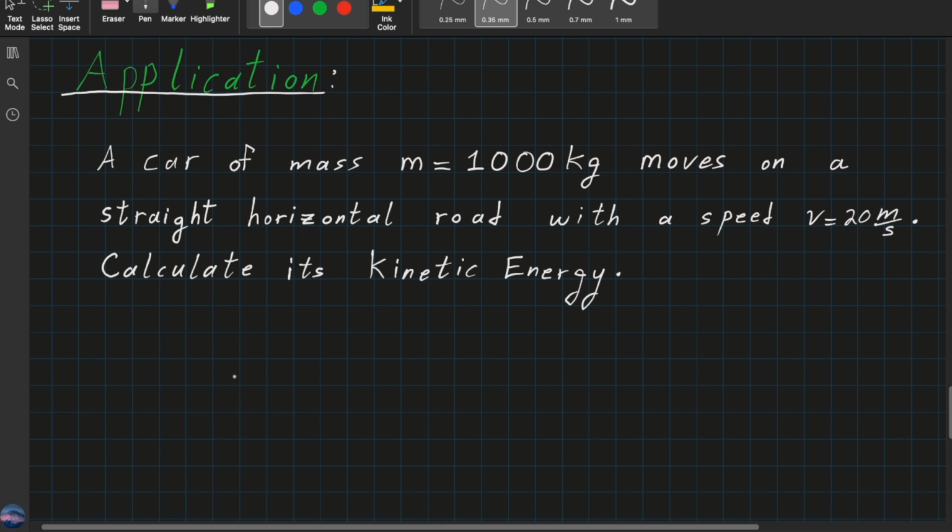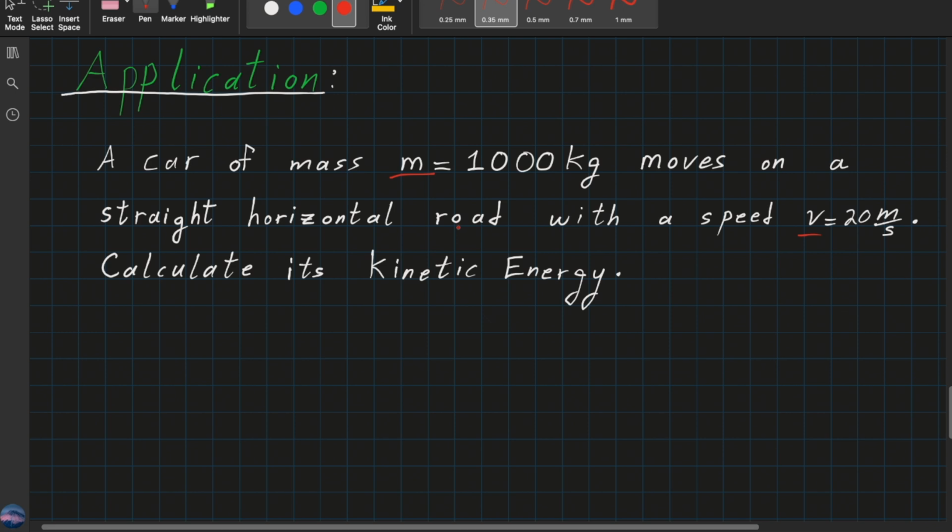Now we're going to solve the following application in order to understand how we compute the kinetic energy of an object. The question goes as follows. We have a car of mass m equals 1,000 kilograms, which is moving on a straight horizontal road with a speed v equal to 20 meters per second.